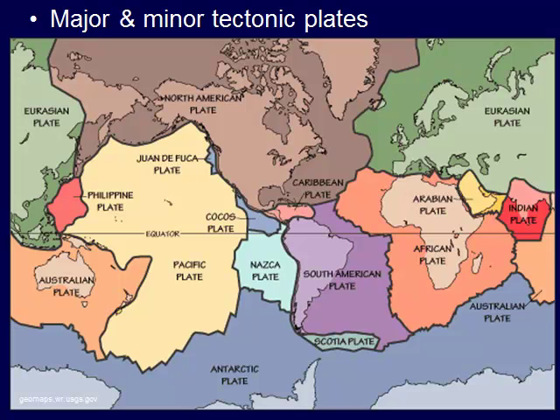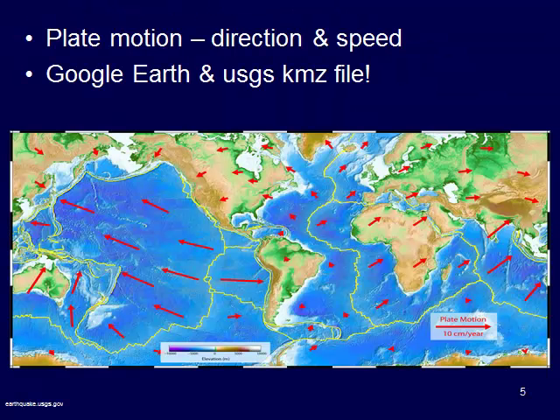So we have these different plates. They're actually moving in relation to one another. And here's a map. You can see the different plates. They're not labeled, but we can see the Pacific plate, which is all oceanic crust, and the North American plate. The yellow lines represent plate boundaries, and the red arrows indicate plate motion, the direction that the plate is moving in, and the size corresponds to the speed.